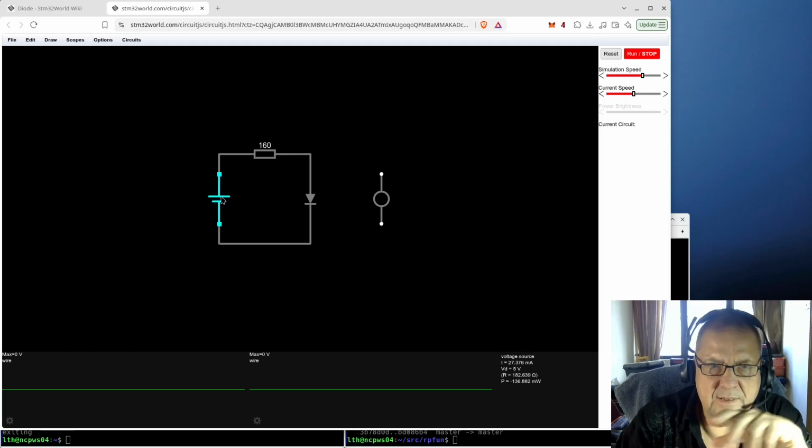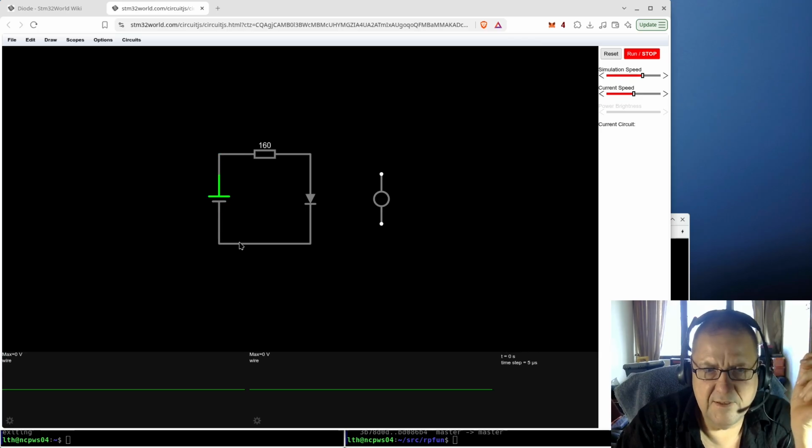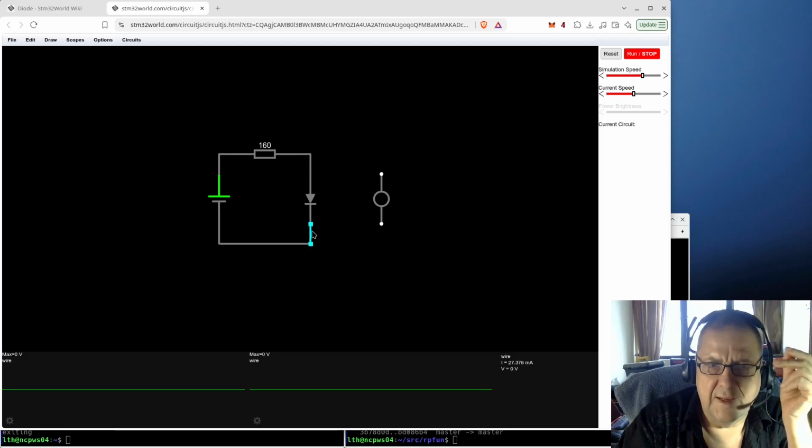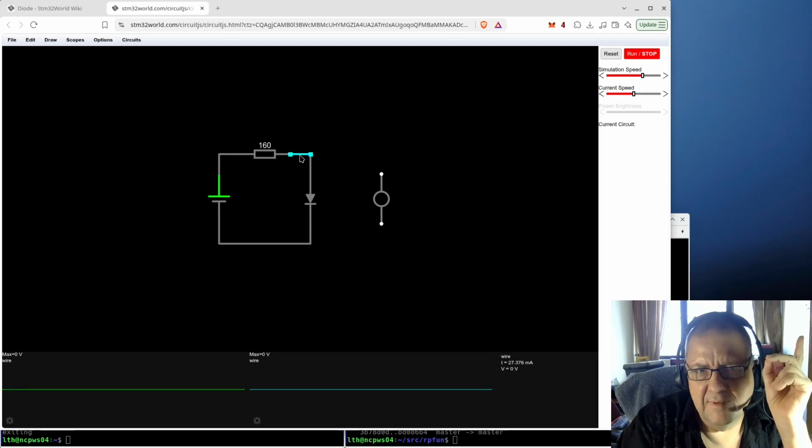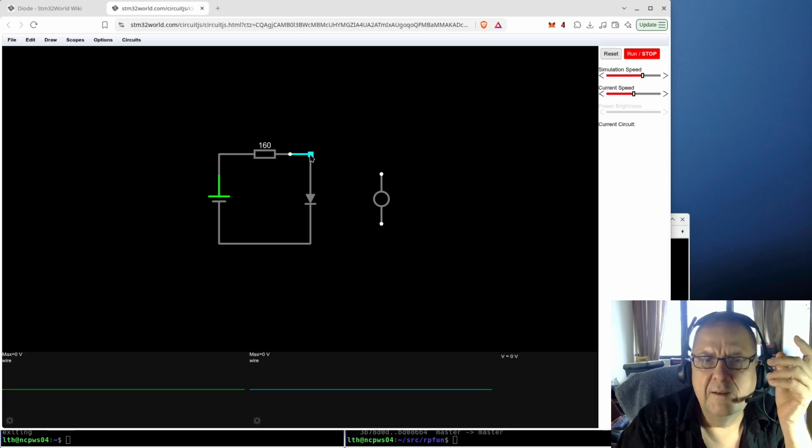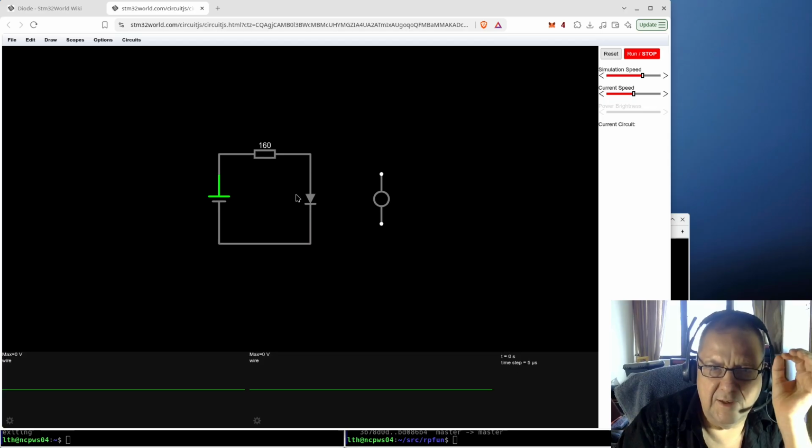Because this is connected 5 volt here, 0 volt here, there is a voltage drop over the resistor, and a current will flow through because the anode is higher voltage than the cathode. Now, there will be around 5 volt minus the voltage drop over this one up here and 0 volt down here, but the diode will have a fixed voltage drop.